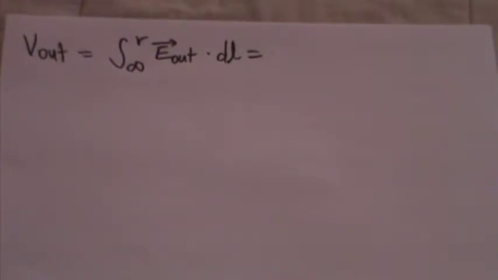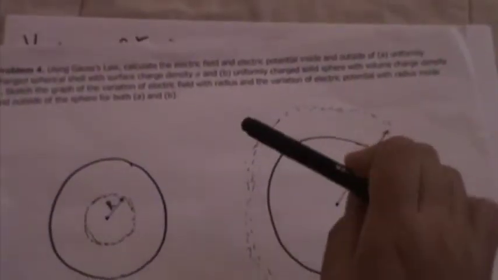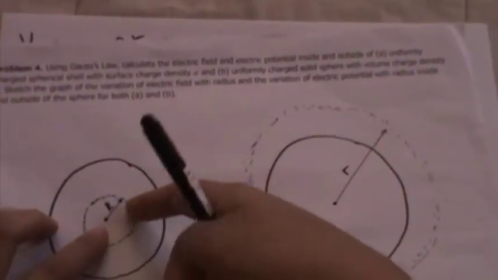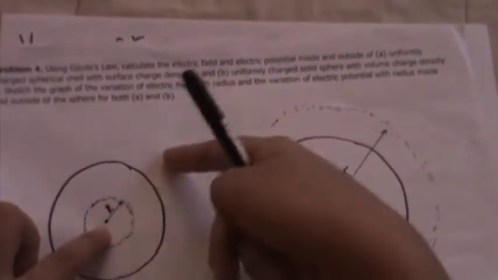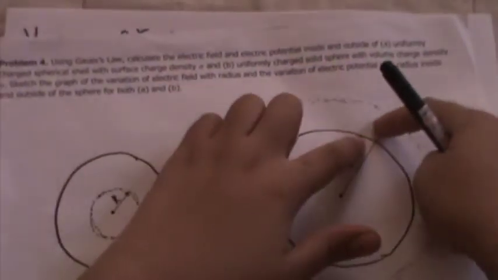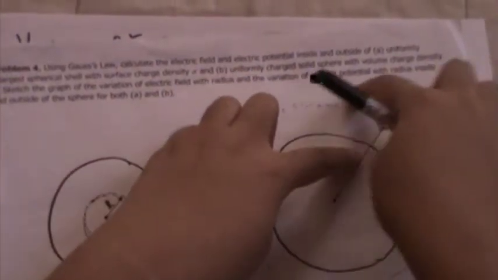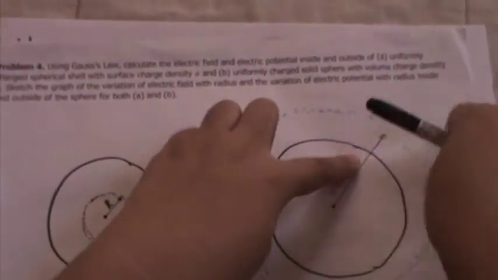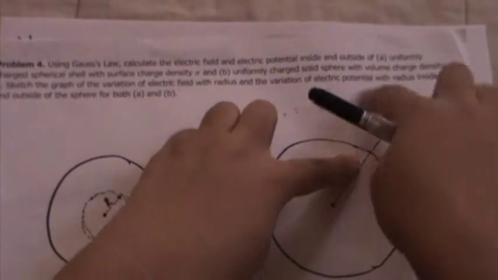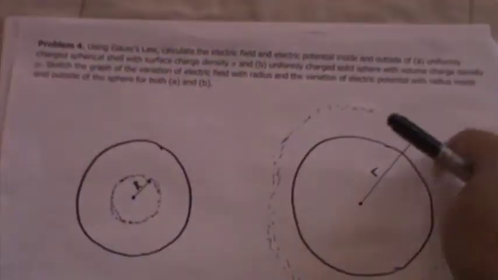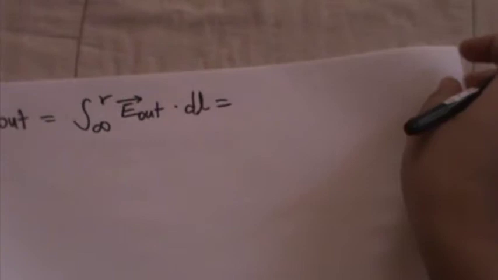On the inside we were subtracting up to the outside, but from the outside to infinity there is no charge beyond, so we only deal with the outside. Let's solve for this.